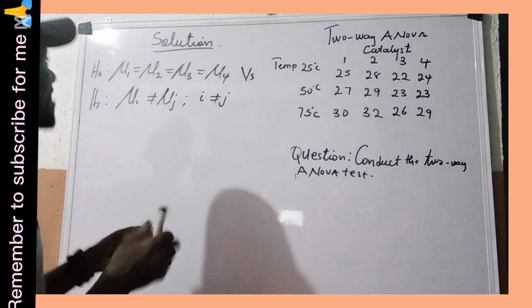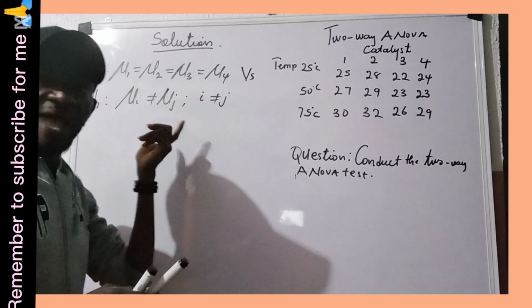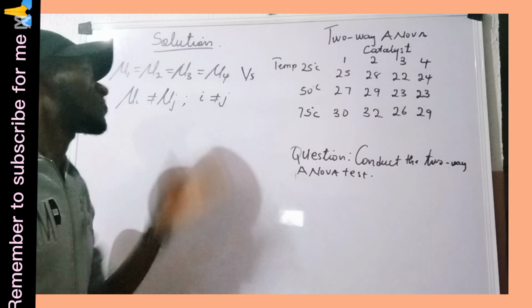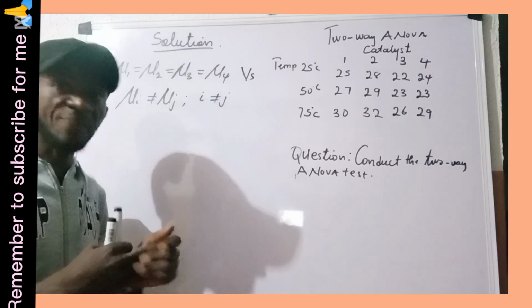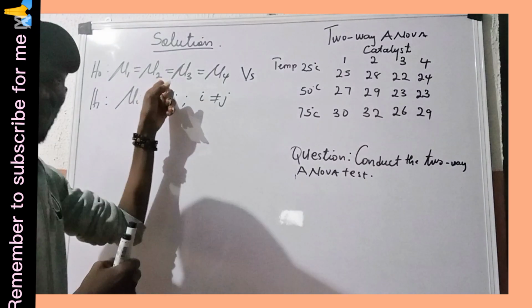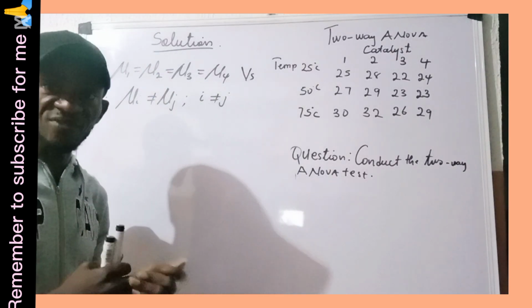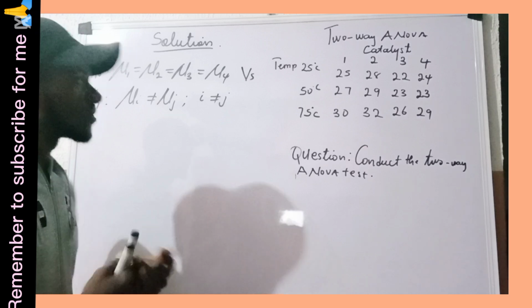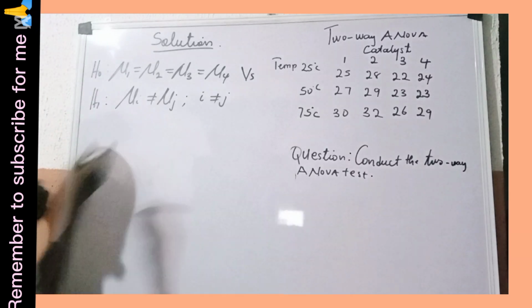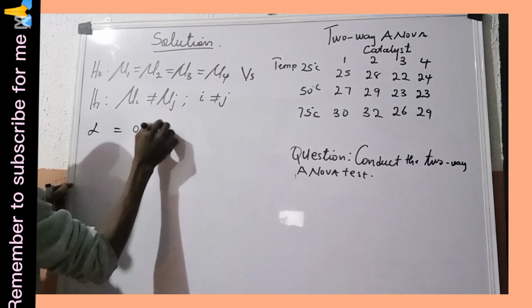So if any of these observations have means that happen not to be equal, you have contradicted the null hypothesis. Even if it is only one and two, you are already contradicting the null hypothesis. So we now state our level of significance: alpha is 0.05.